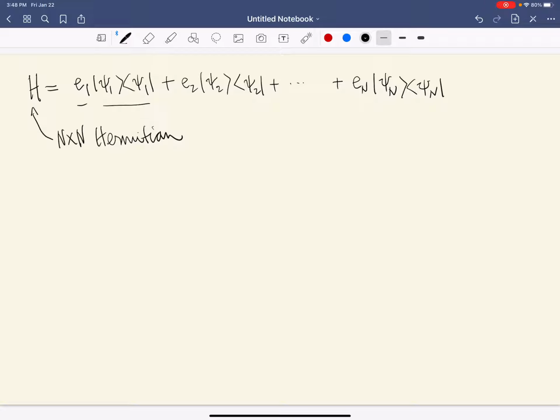To put it in a more transparent fashion, I can write it like this, where P_i is now defined as |psi_i> multiplied by <psi_i|, which is called a projection operator.